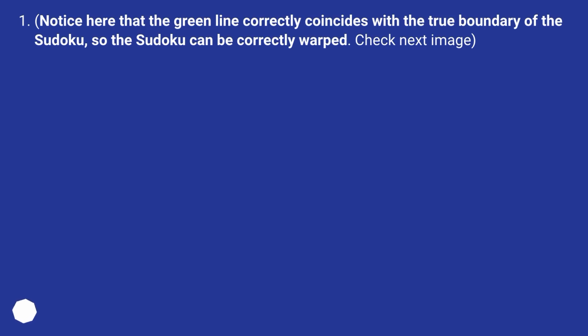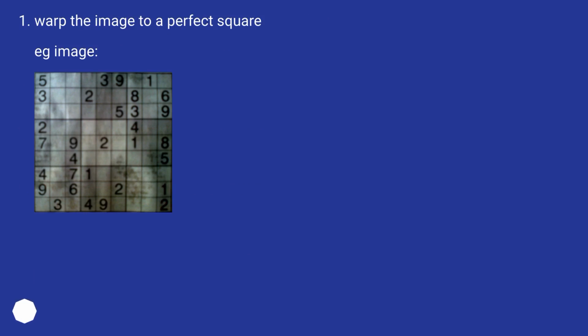Notice here that the green line correctly coincides with the true boundary of the Sudoku, so the Sudoku can be correctly warped. Check the next image. Warp the image to a perfect square. E.g. image.